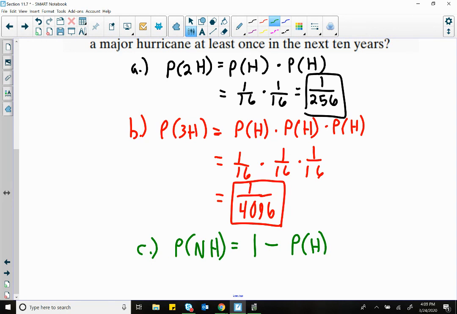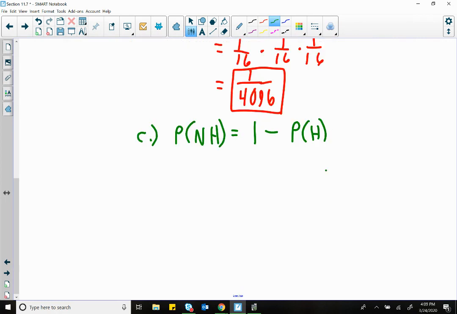Okay, so you want the probability of something not happening. All you have to do is take 1 minus the probability of it actually happening. So in our case, all we have to do is take 1 minus the probability of a hurricane happening, which is 1/16. And 1 minus that is 15 over 16. So that is the probability of a hurricane not happening.